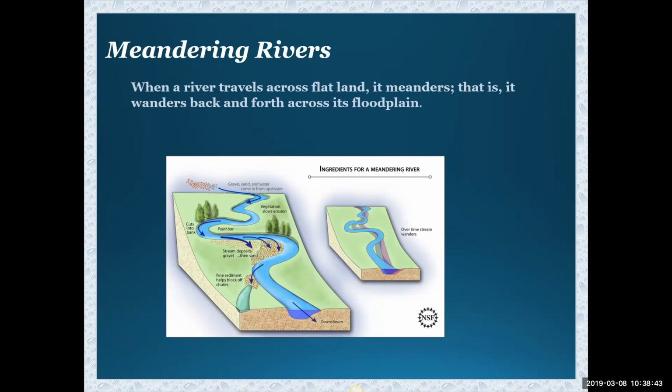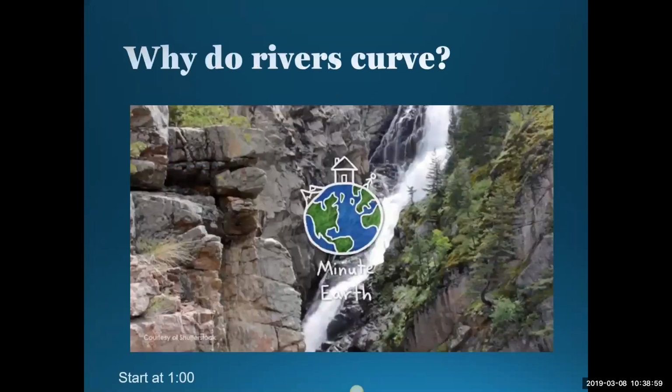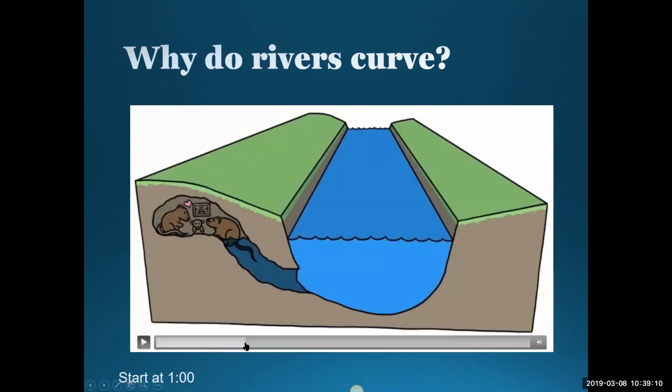The slope is incredibly important in determining what type of river system we're going to have. So a meandering river is where it's flat. It meanders, which means it wanders back and forth across its floodplain. And I liked this little video about why rivers curve, and we're going to start it.